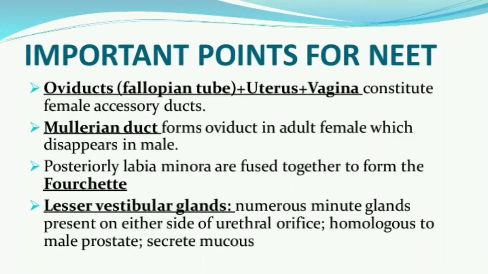Now, what is fourchette? Posteriorly, labia minora are fused together to form the fourchette. Next one is lesser vestibular gland. What is that? Numerous minute glands are present on either side of urethral orifice, which is actually homologous to male prostate, and they secrete mucus.